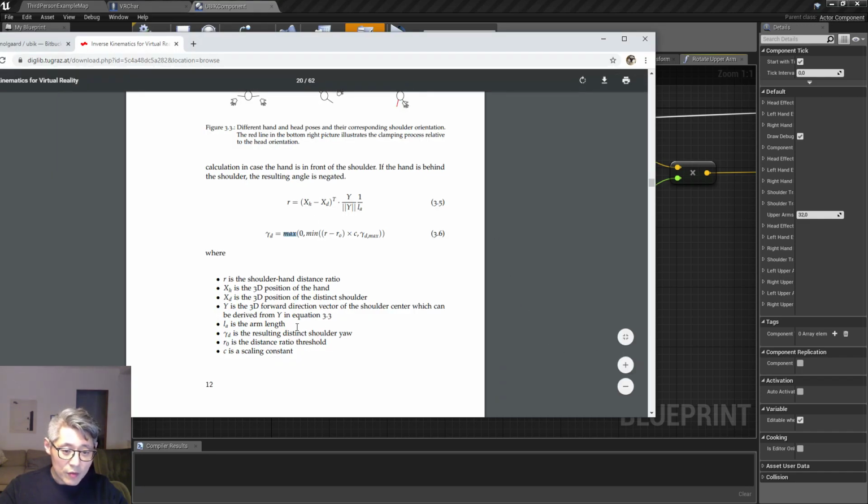As you can see, we have to get a notion of an arm length, and we're also going to have a scaling constant, which you will find here in the equation, and we will have something called a distance ratio threshold, along with a distance ratio. We're going to get into that in a moment, but just know that we need to figure out how to define the arm length.